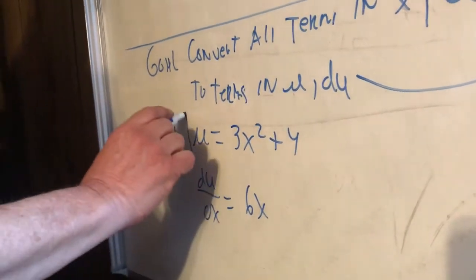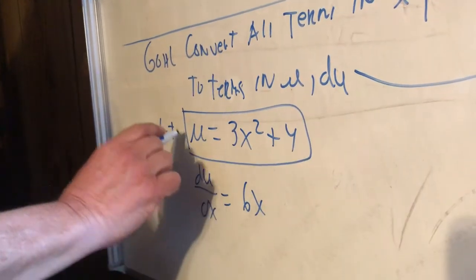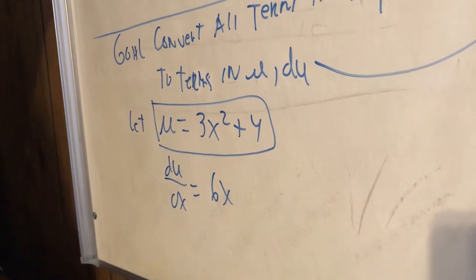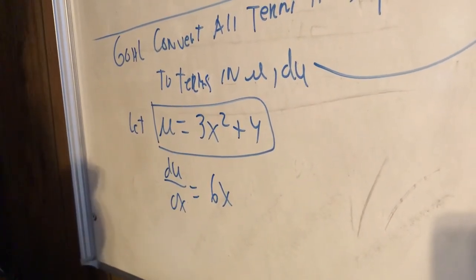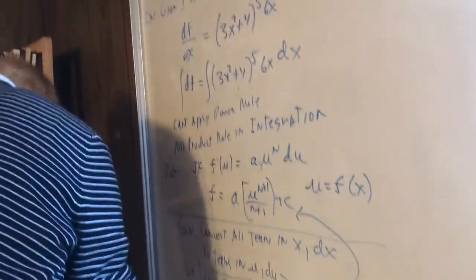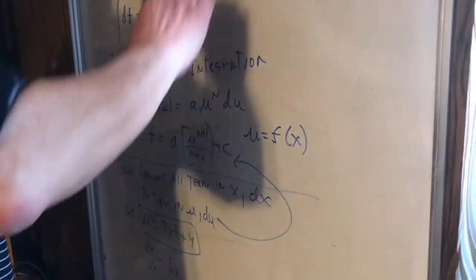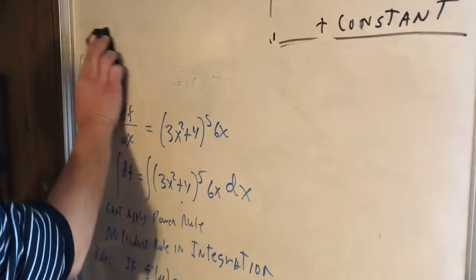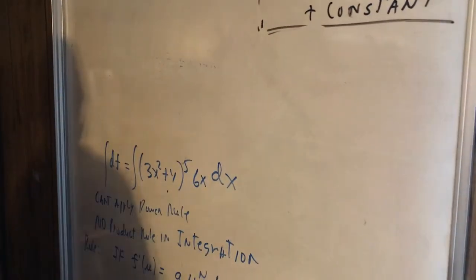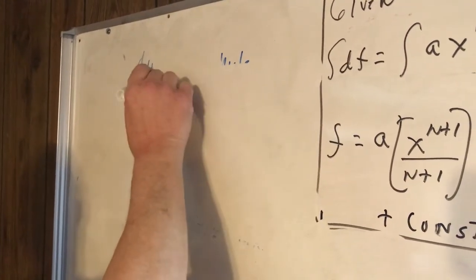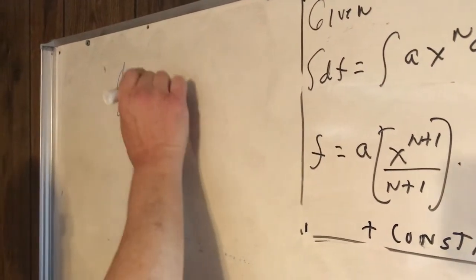Now I have this, the u replacing that, so I'm going to need that. This doesn't do me any good. What I'm going to do is put this back up here. And I'm going to say that du dx equals 6x.